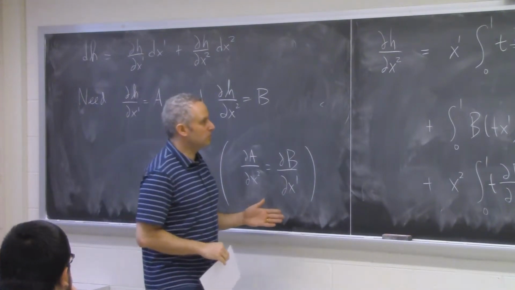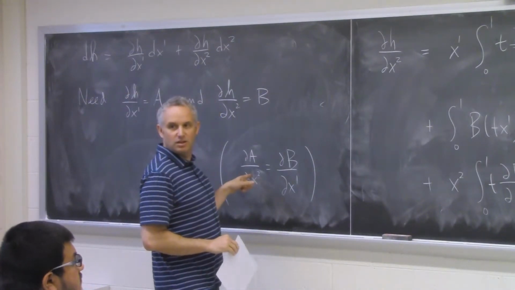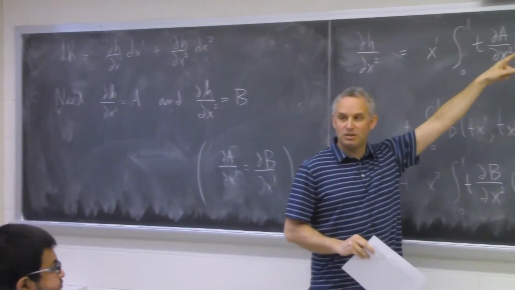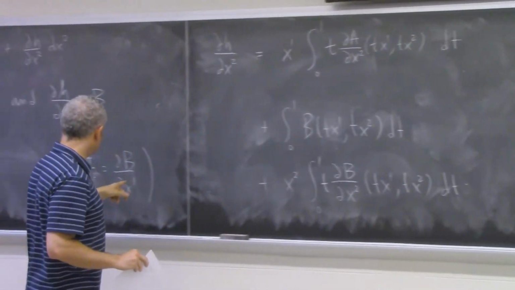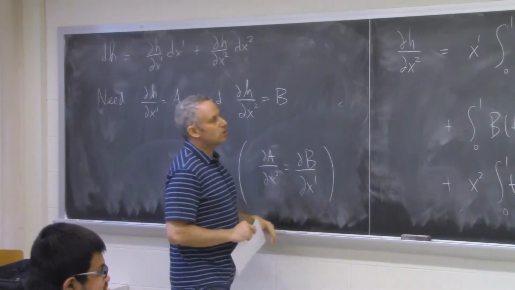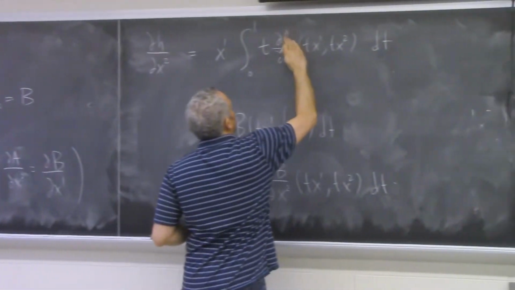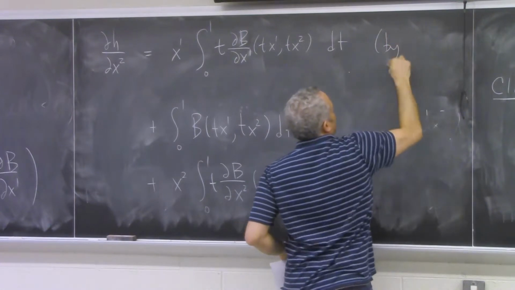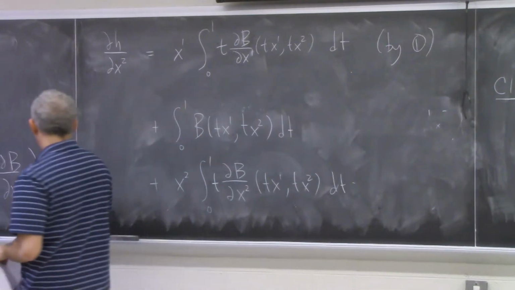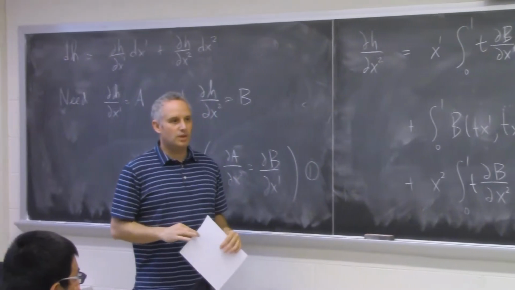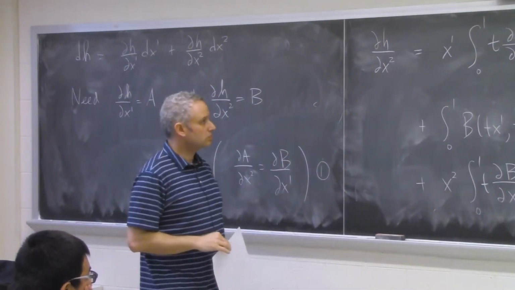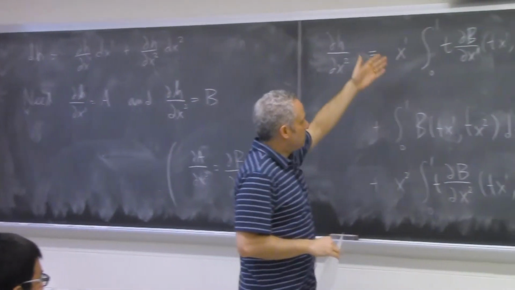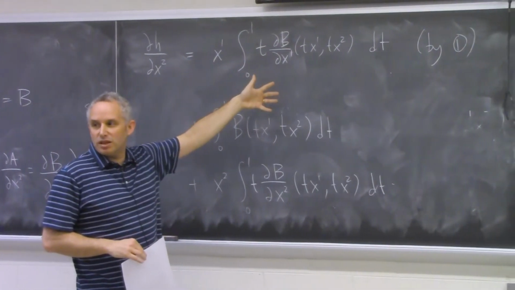All right, but now we can use this fact. We want this to equal b. And so the obstruction here is a, which has nothing to do with b in general, but it does have this to do with b. So we know that by 1, we can replace this with the partial of b with respect to x1. So here we've used this equality 1. And now this is a bunch of integrals involving b and its partial derivatives.